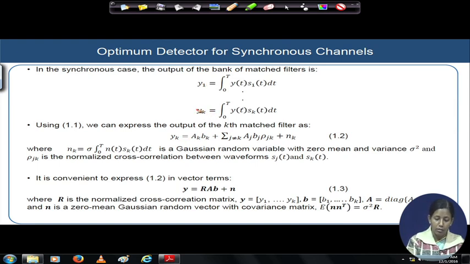Any one of these sampled outputs of the matched filter, y_k, can be rewritten as a_k b_k plus the summed-up terms plus n_k. This is for the kth output of the kth matched filter, matched to the kth user.